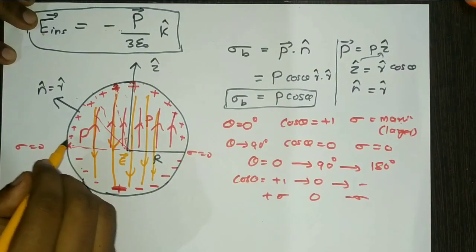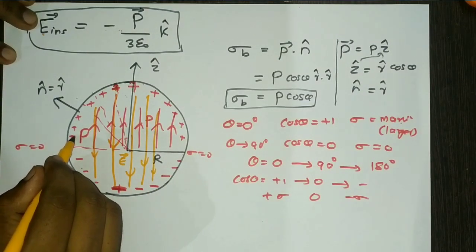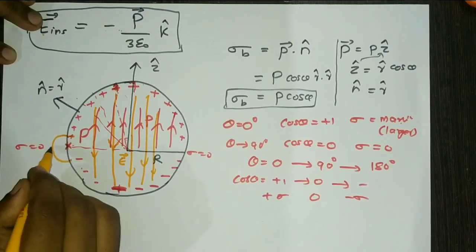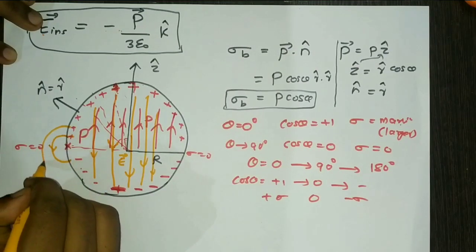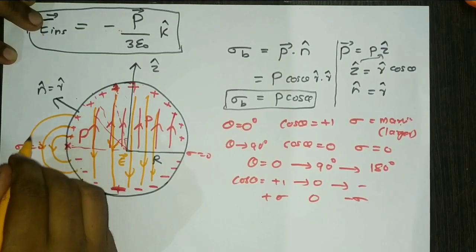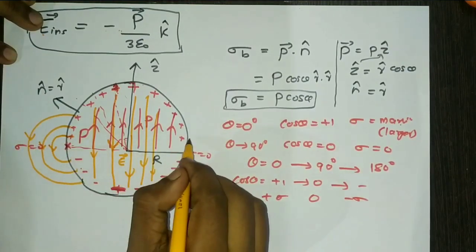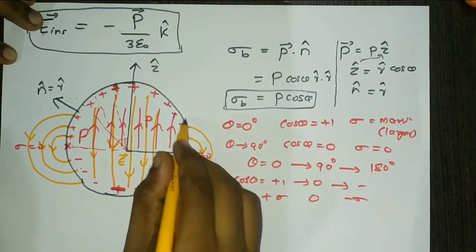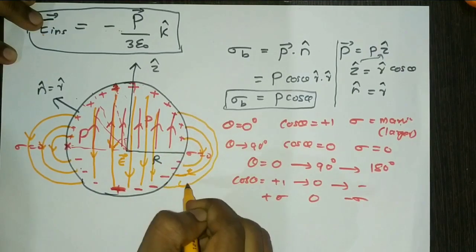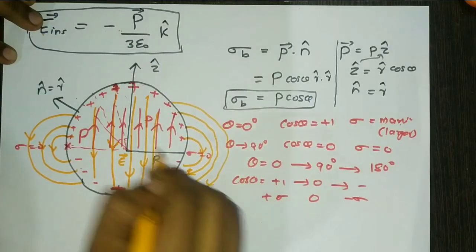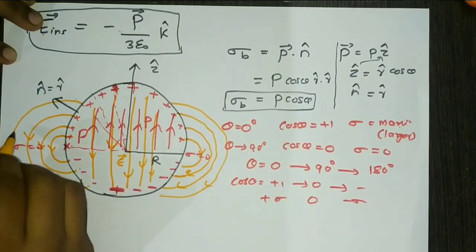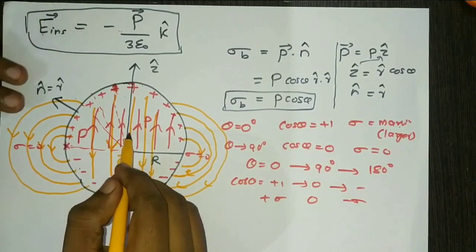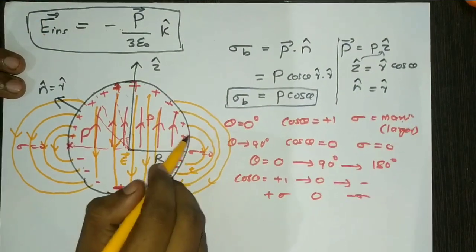Then what about the electric field lines at the side charges? They start from the positive and end on the negative. Here also starting from the positive and ending on the negative, in this way. This is a picture of the electric field lines due to a uniformly polarized sphere.